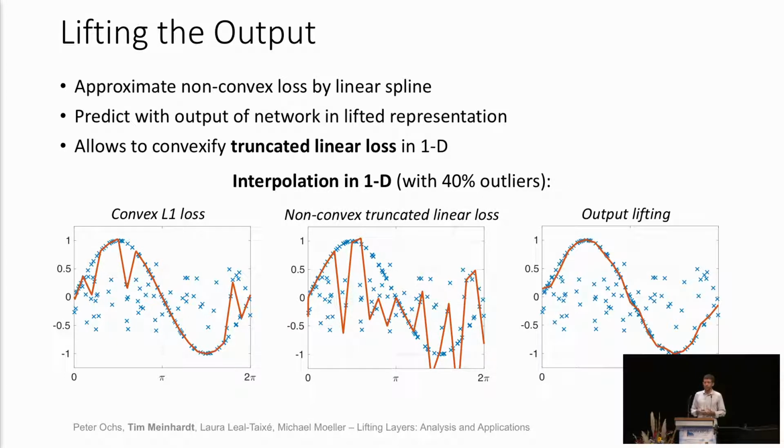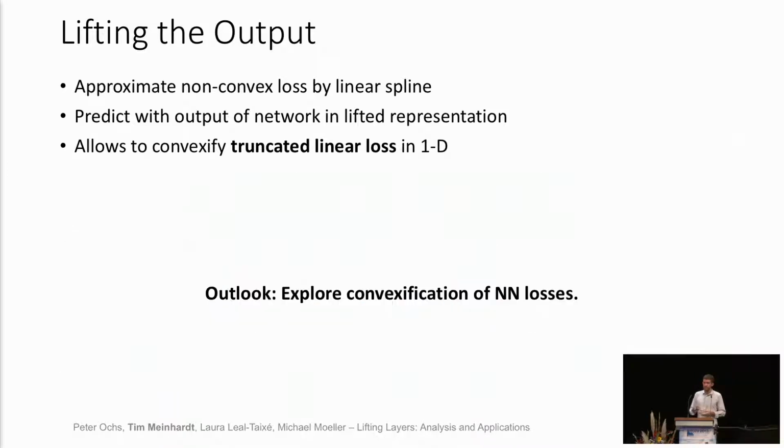But if we use our lifting of the output, so we represent this truncated linear loss by a linear spline and use the lifted output of the network, we can actually achieve a close to optimal interpolation of our data points. This works pretty well for this truncated loss, but as I said, we have to further explore different neural network losses and how this works for deeper neural networks.